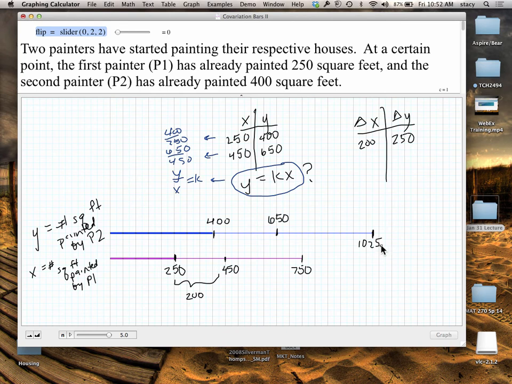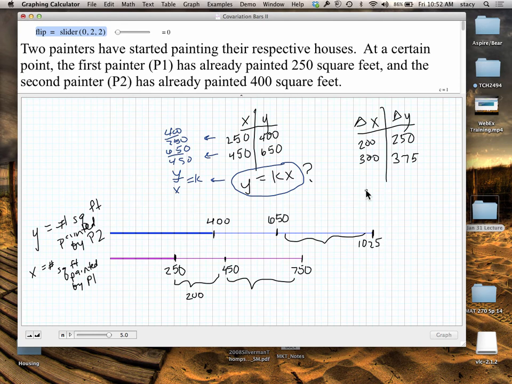So all right. What can I put up here now? If I concentrate on this change, the second burst of energy he had in the afternoon, that was a change in 300. And the corresponding change for painter 2 is 375.